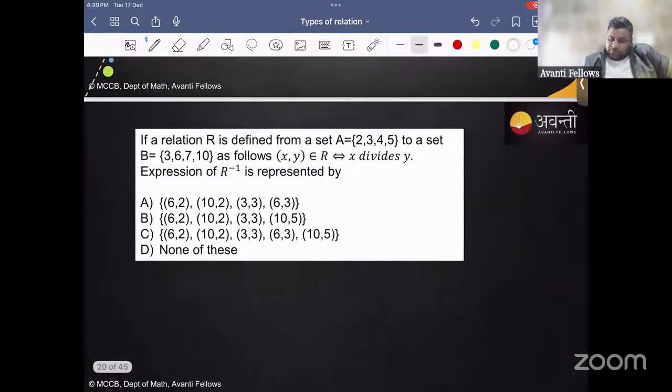Now see the simple question. Quickly do it. Mark your answer in this poll. Yes, quickly.